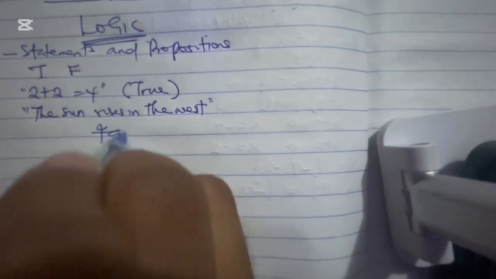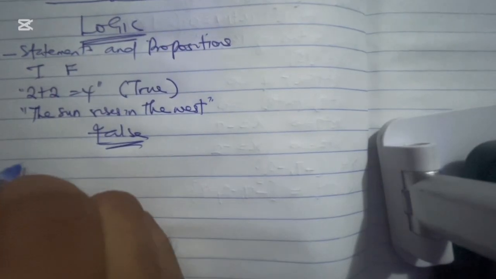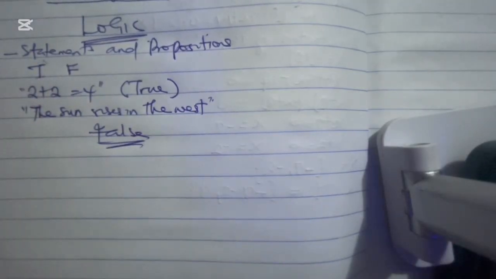This statement is false because the sun does not rise in the west. So I want you to understand what statements are. Statements are also called propositions too, so it's not as if they are separate. Now let's look at what we call logical connectives.